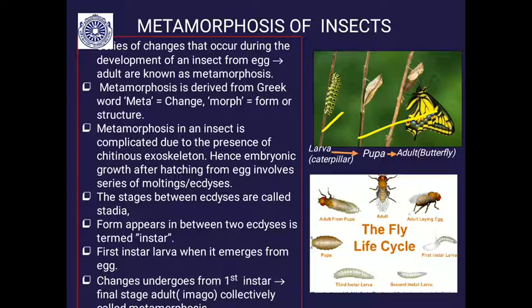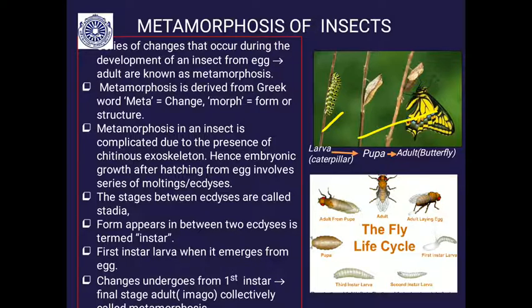Metamorphosis is derived from the Greek words meta, meaning change, and morpha, meaning form. There is a change in the different forms that you see. Metamorphosis in insects is complicated due to the presence of the chitinous exoskeleton. You know that in arthropoda the body is covered with a chitinous exoskeleton.